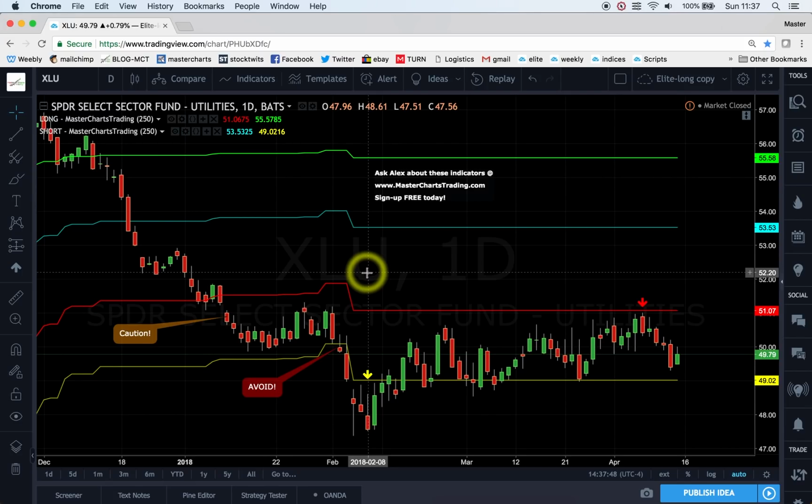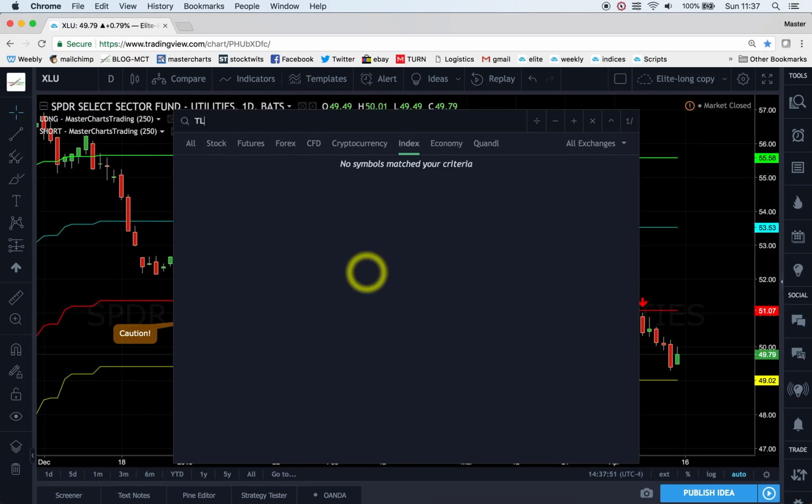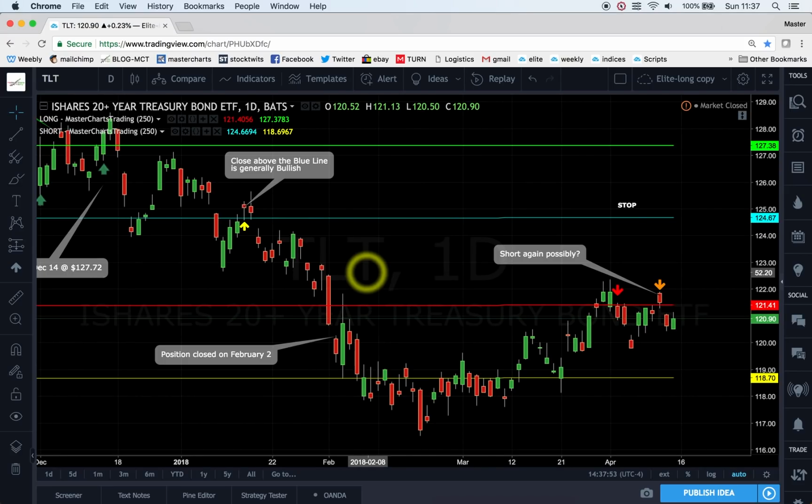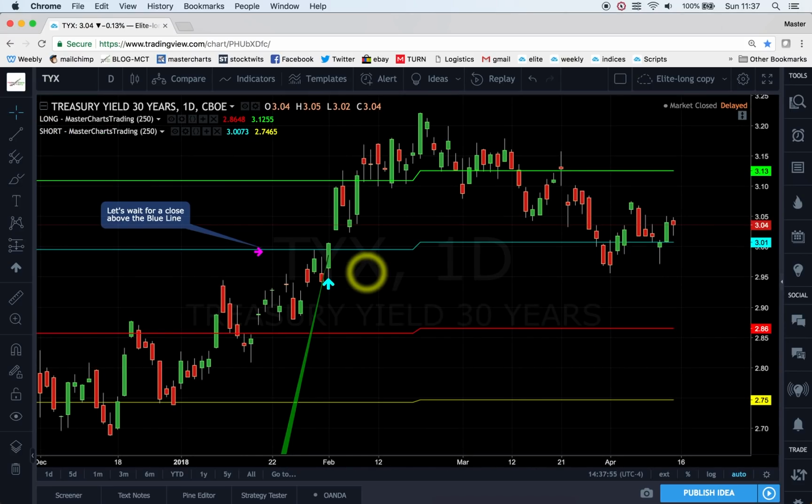So when interest rates move, for example, here's TLT or TYX, the 30-year treasury interest rate, you can see that the interest rate has been climbing. In other words, the prices of bonds are dropping. So we're currently around 3%.